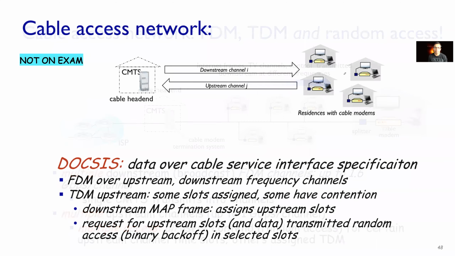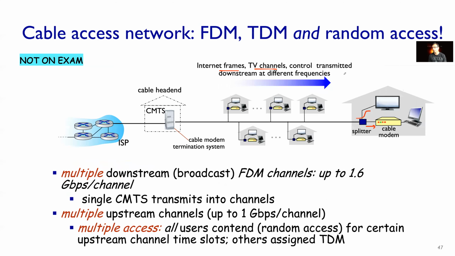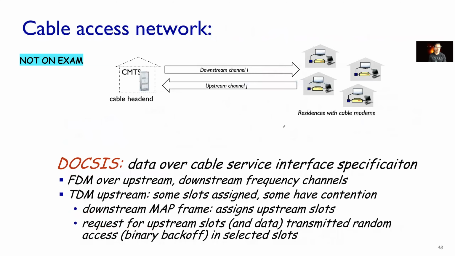I'm not going to go into this in any detail. You won't get any questions on this. You can certainly read this up in your own time, but this is an example where all of these concepts are actually used. So this protocol, which is called DOCSIS, is using FDM for the upstream and downstream frequency channels. As we saw when we discussed this earlier, certain channels are set aside for upstream, certain channels are set aside for downstream.